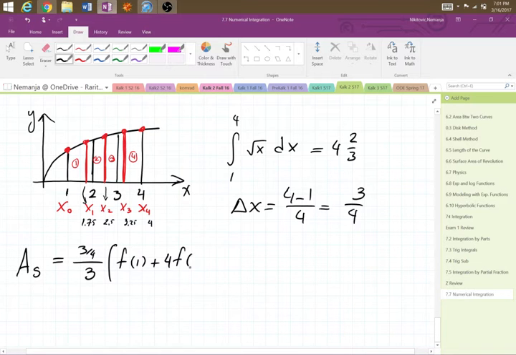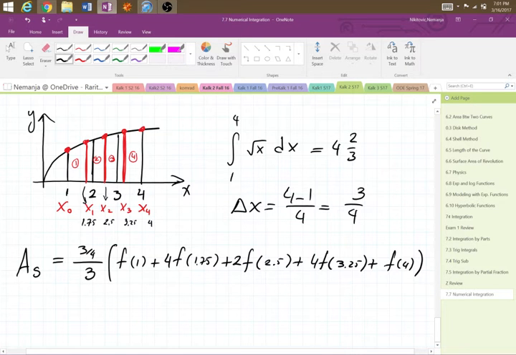So 4 times the function computed at 1.75, plus 2 times the function computed at 2.5, plus 4 times the function computed at 3.25, plus just the good old function computed at 4.